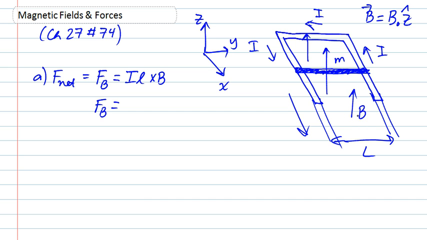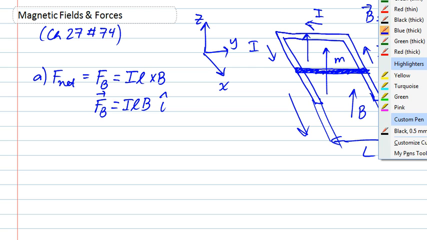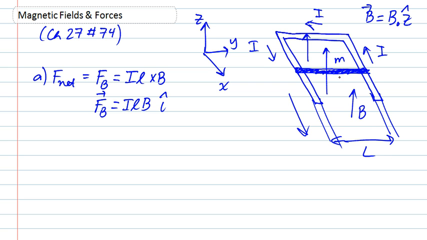Since the field goes that way, the current is constant and L is constant, the force is going to be ILB in the x hat direction.